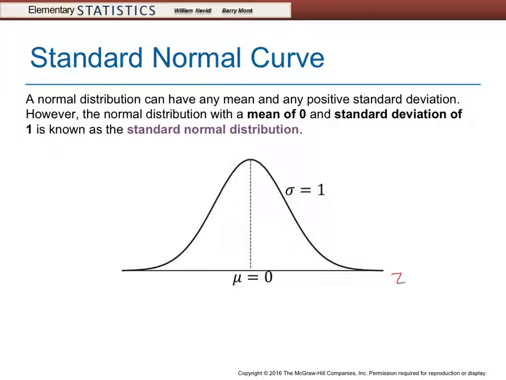And our x-axis is going to be called the z under the standard normal. And the z is the z-score, which tells us how many standard deviations a particular value of z is away from mu at 0.